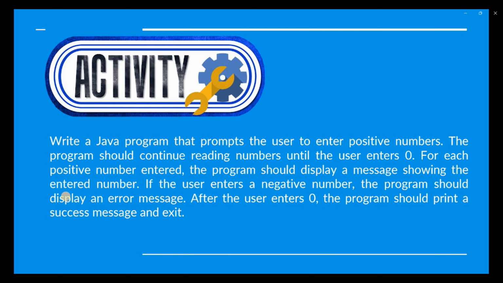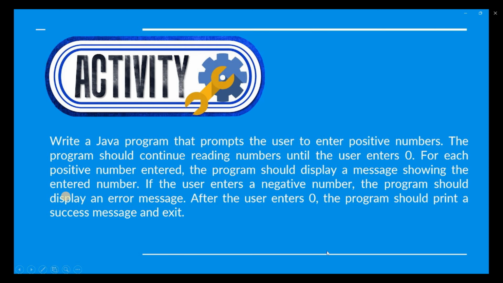Let me see the activity, which means the questions under the do while loop. Here the question is: write a Java program that prompts the user to enter positive numbers. The program should continue reading numbers until the user enters 0. For each positive number entered, the program should display a message showing the entered number. If the user enters a negative number, the program should display an error message. After the user enters 0, the program should print a success message and exit.